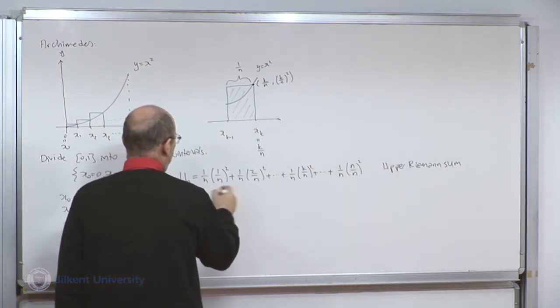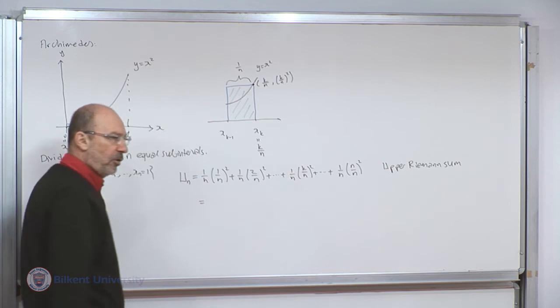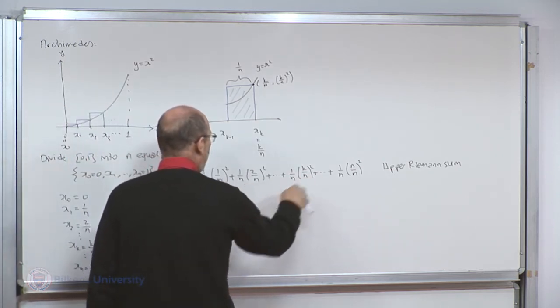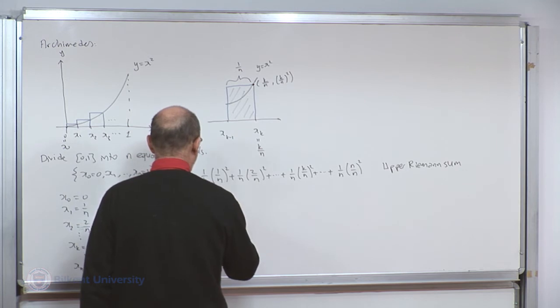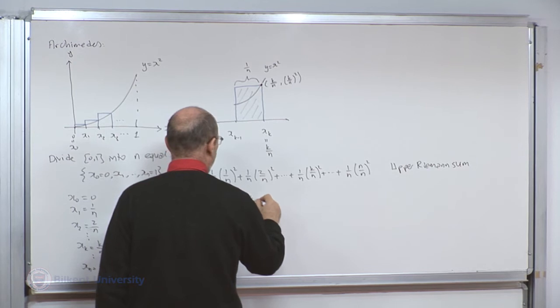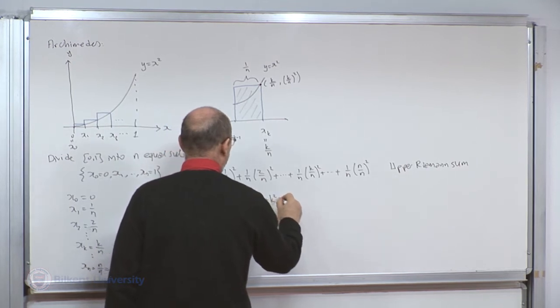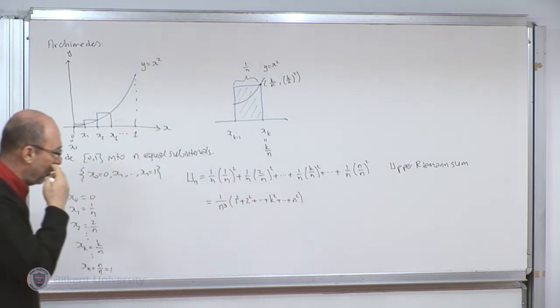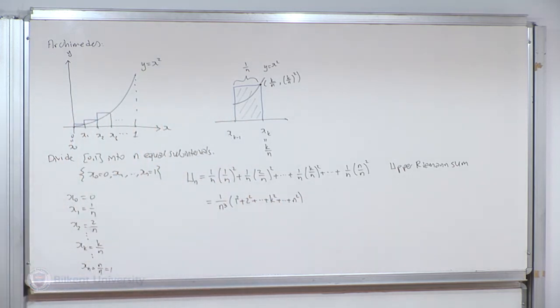Okay, so now we try to simplify this. You see that I have n cubed in the denominator, and then inside I have 1 squared plus 2 squared plus ... k squared plus ... n squared. Fortunately we have a formula for this, which I can never remember, so I'll just write the formula here.